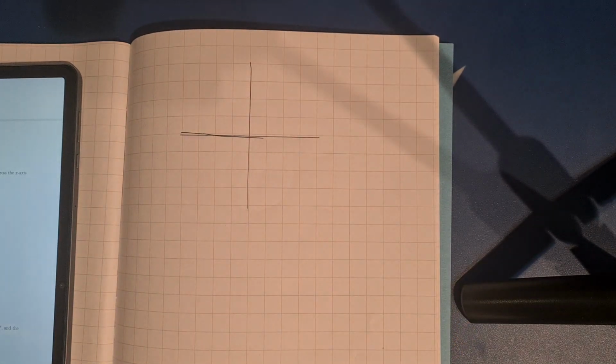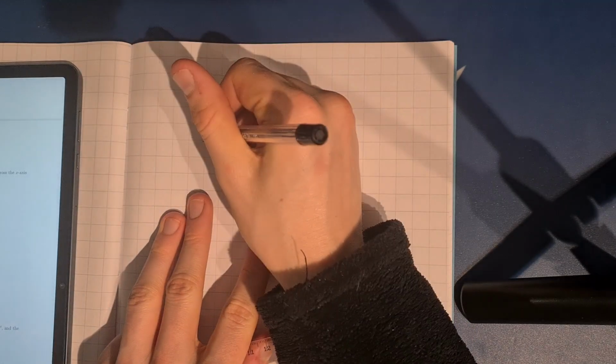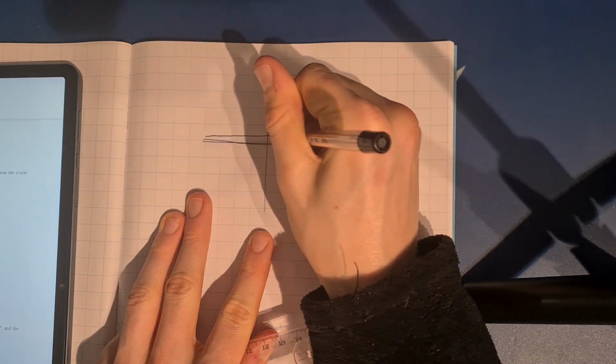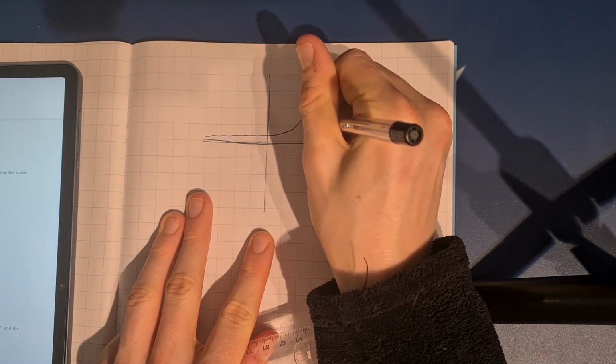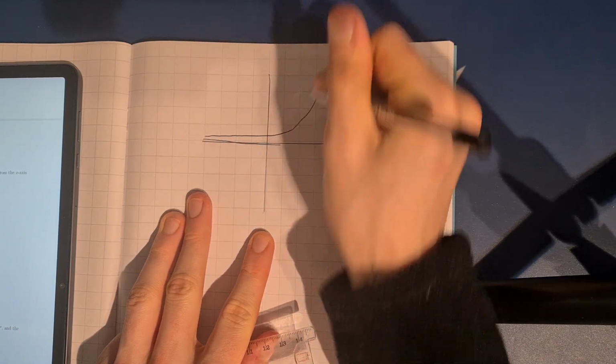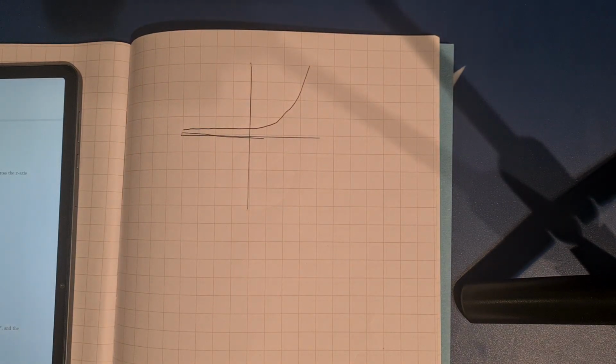That'll do. Okay, so we've got y equals e to the x again. Not my favourite graph, I'm not going to lie. That'll do for that.